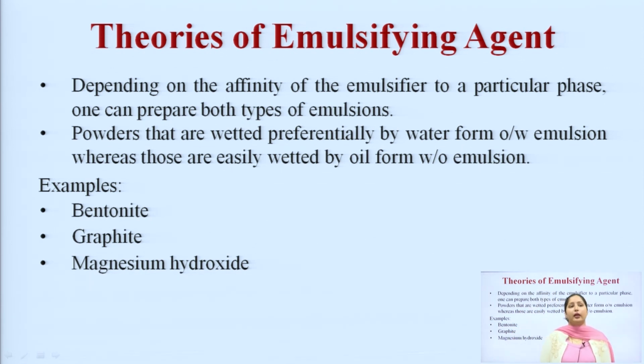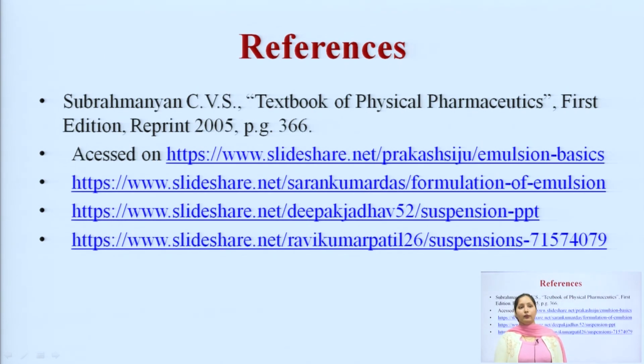Powders that are wetted preferably by water form oil in water emulsion, whereas those that are easily wetted by oil form a water in oil emulsion. For example, bentonite, graphite, magnesium hydroxide. Okay. Thank you.